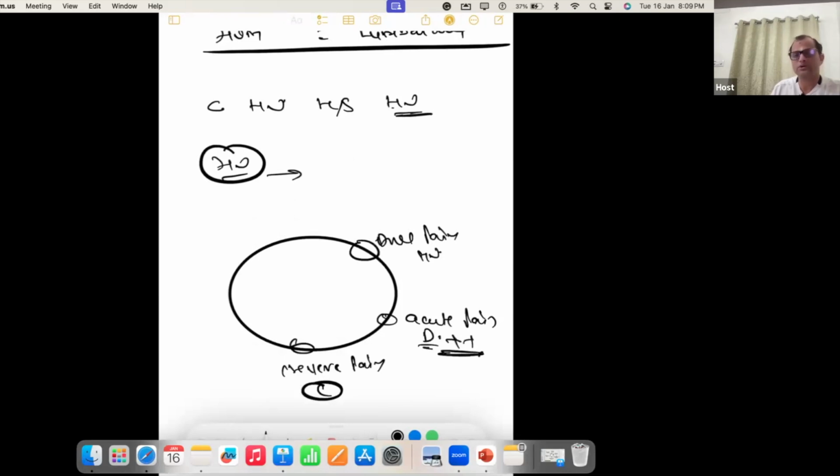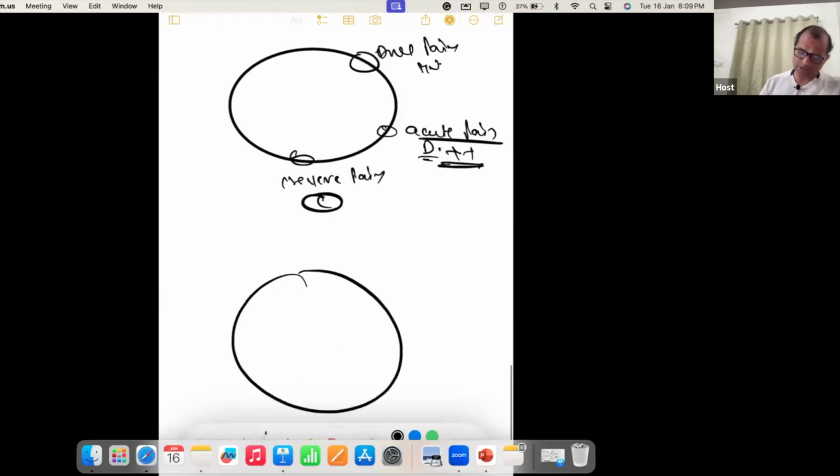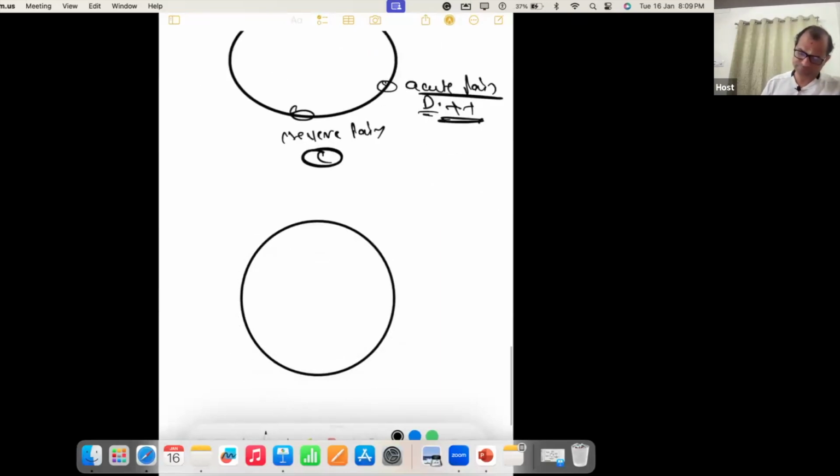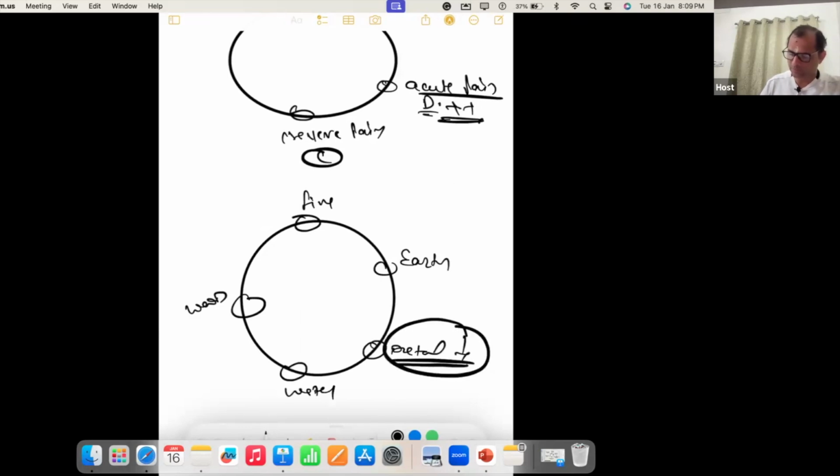Okay, I want to do the treatment of acute pain. So now again apply the double grandmother law. Wood, fire, earth, metal, and water. I want to sedate this. This is my main action. I want to sedate dryness. This is my main action.